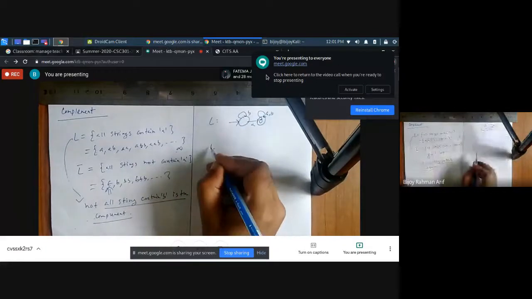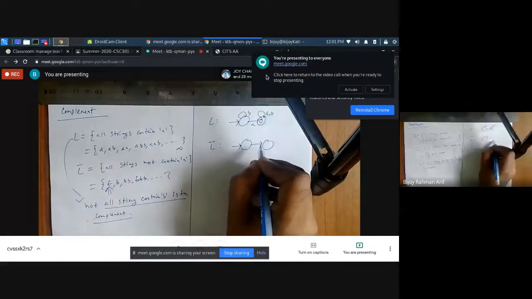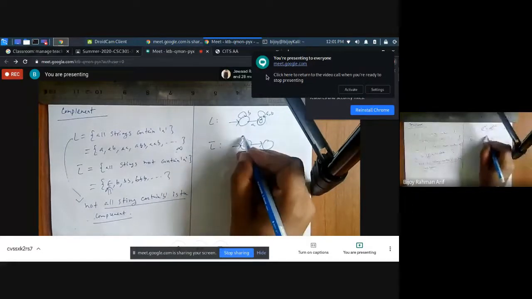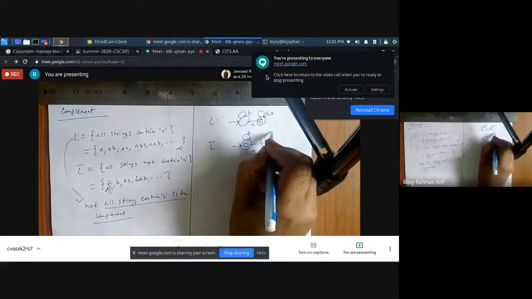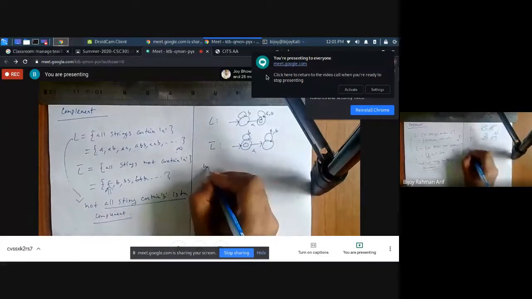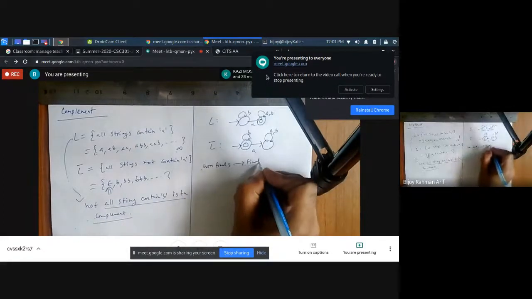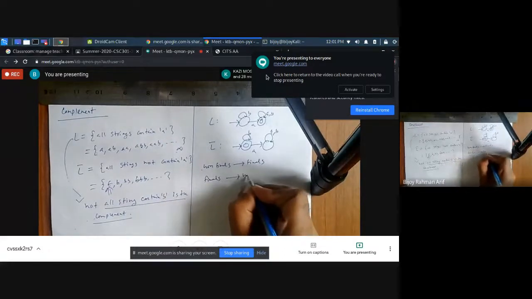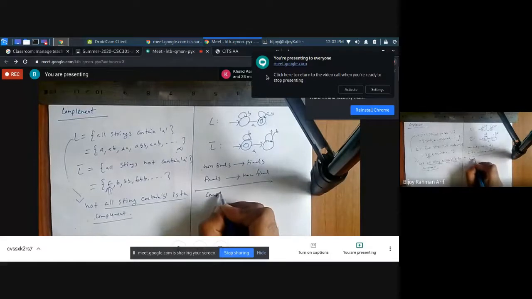Then L complement would be: final states would become non-final states, and non-final states would become final states. You are right. So non-finals become final, finals become non-final. That is nothing but complement.